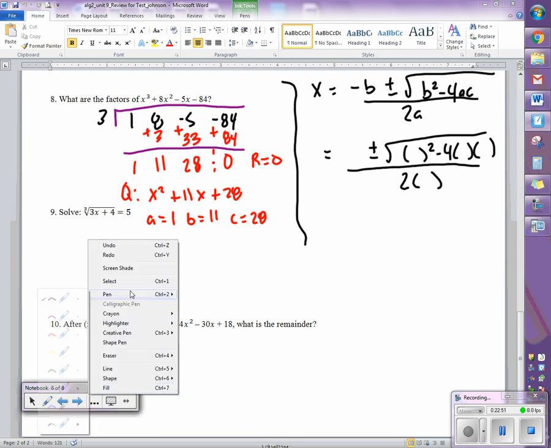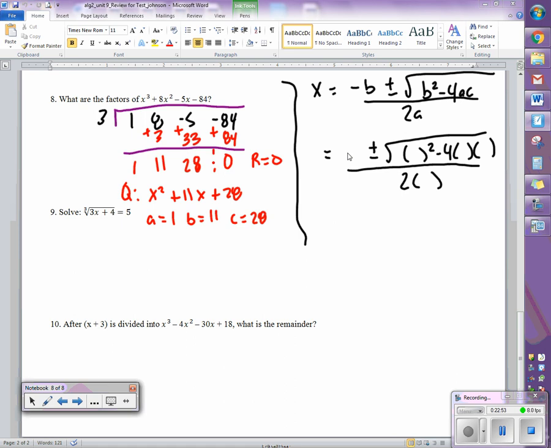All right, opposite of b is negative 11, positive 11, 1, 28, and 1 again.